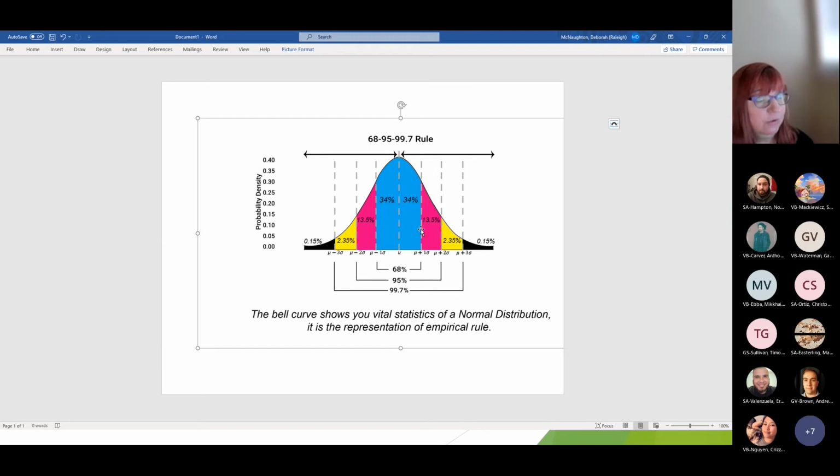If they don't tell you to use the empirical rule, you're going to want to calculate the actual value, because these numbers are approximations. Like I said, this value is the 16th percentile, but if you looked it up in the table that you'll learn later, or calculated the actual real value, it's not going to be 84.